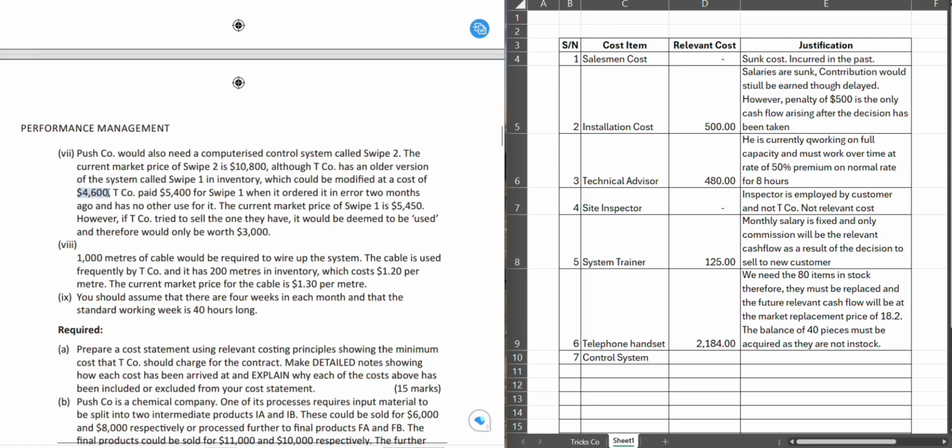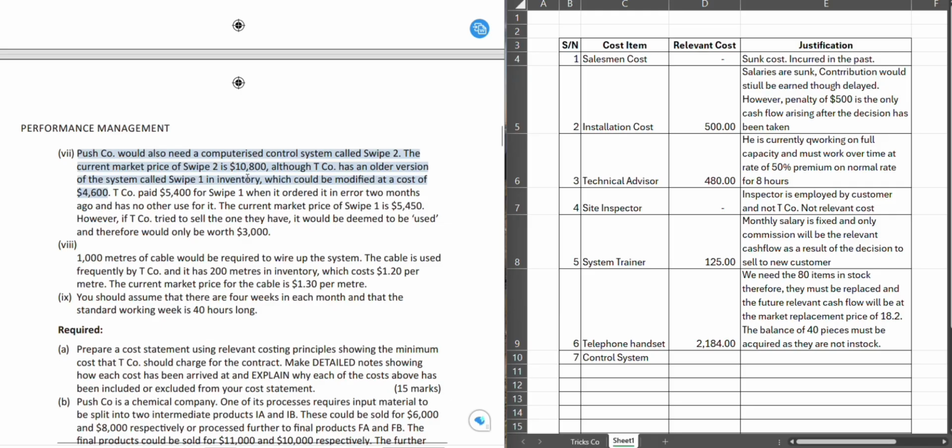So what this is saying, before I continue, this part is saying that we need a control system as part of this order from a new customer. And the control system that we need is called Swipe 2. If you want to buy Swipe 2 directly from the market, we're going to spend $10,800 to get it. However, we have another option because TICO has an older version of that system, which is Swipe 1.